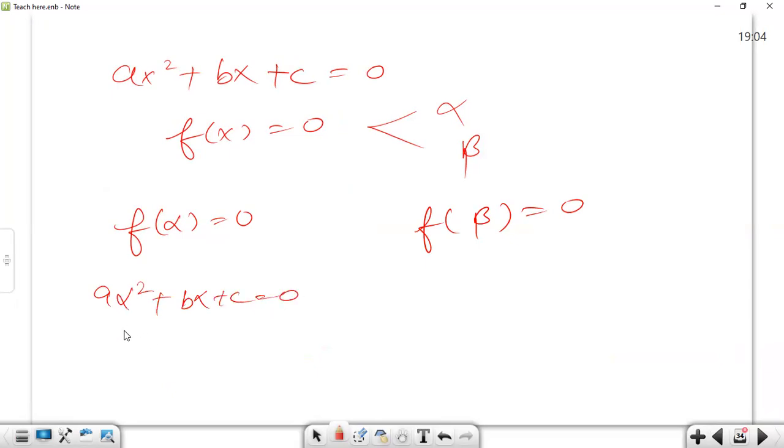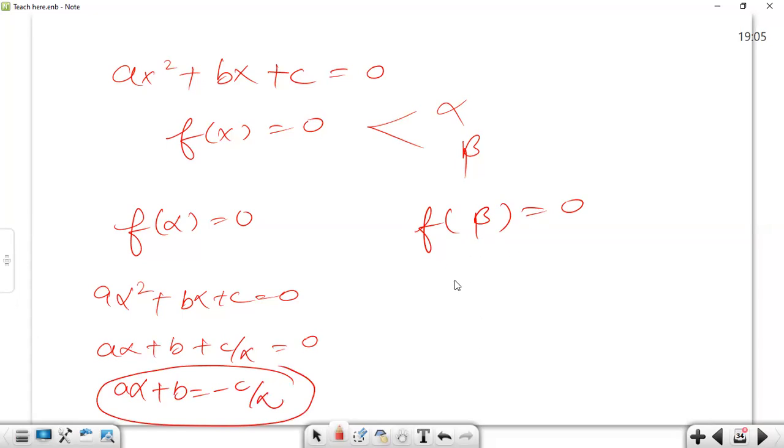So let's divide alpha on both sides. B plus C by alpha is equal to 0. So what we were finding out, A alpha plus B becomes minus C by alpha.